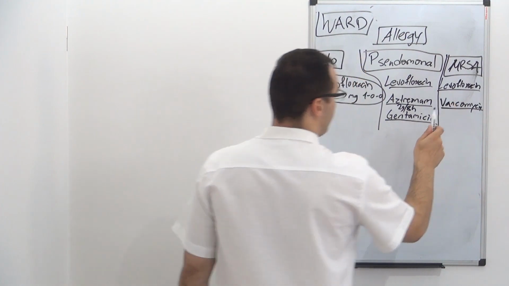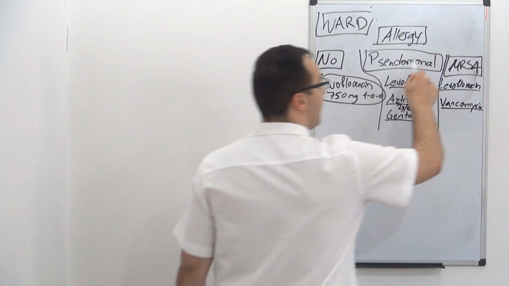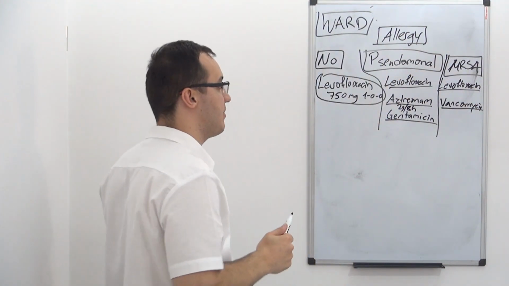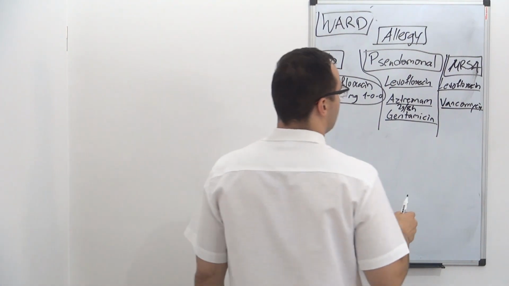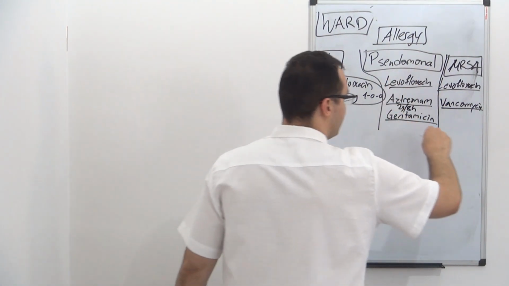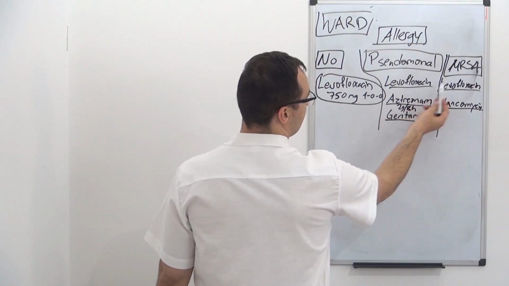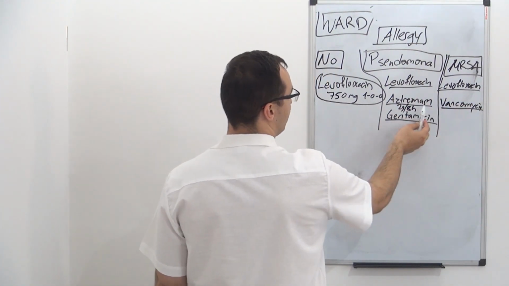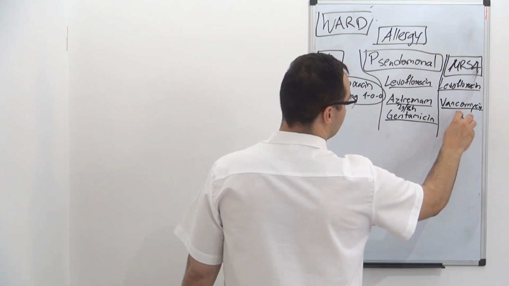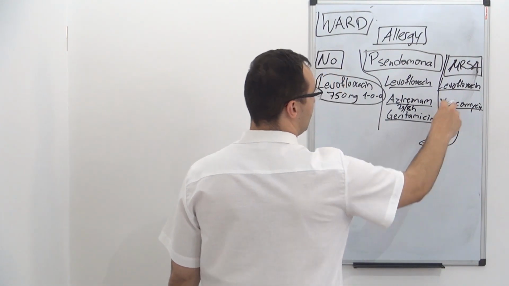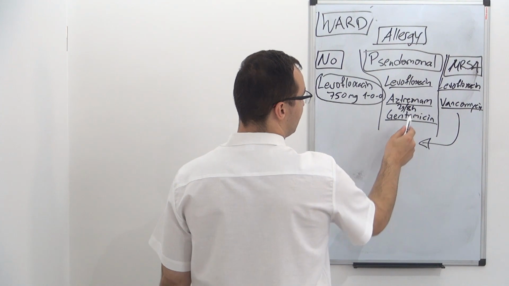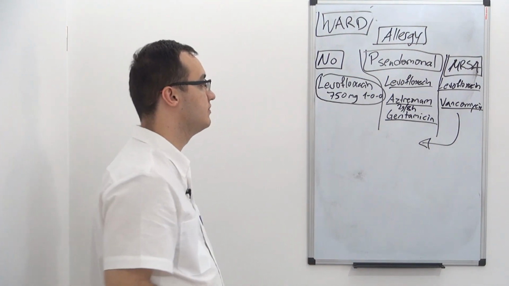What about the case when we have pseudomonal and MRSA at the same time? Then we combine all of these, which means, what do we have here? We have levofloxacin, also here levofloxacin. We have Aztreonam, here we have vancomycin. So let's put this here, and then we have levofloxacin, Aztreonam, gentamicin, and vancomycin.